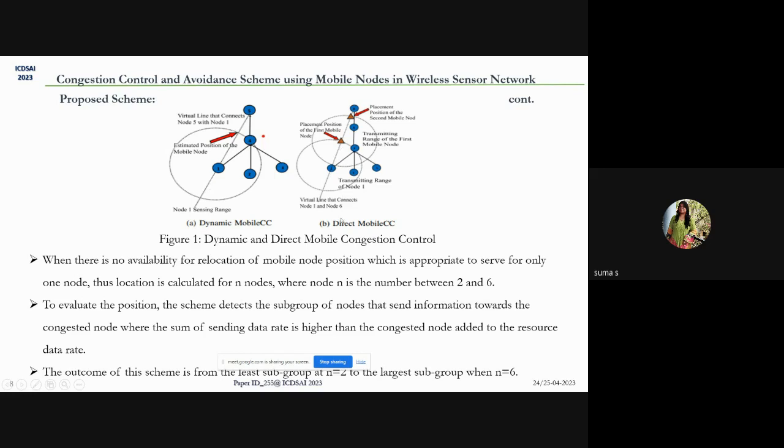Whereas you can see in the directed mobile nodes, once the node has been detected, two dynamic nodes are replaced: node one is replaced at this position, and another dynamic node is placed at this position. So by placing the dynamic nodes among the static nodes in an environment, the communication from source to destination becomes easy.